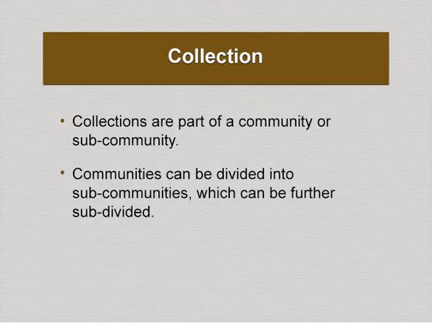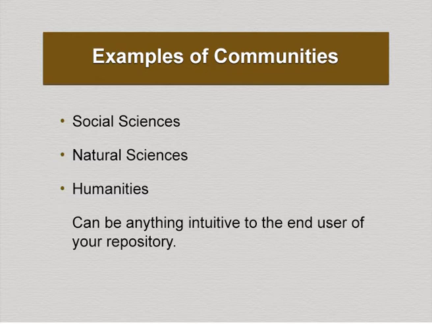Communities can be divided into subcommunities which can be further subdivided. Just as in classification we keep on dividing each subject, here also you can keep on dividing communities and subcommunities and sub-subcommunities like that. So, a few examples of communities are social sciences, natural sciences, humanities. So, it can be anything intuitive to the end user of the repository.